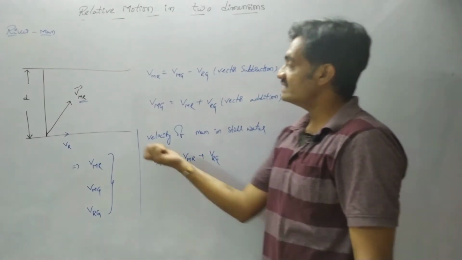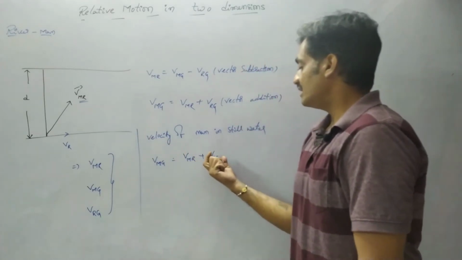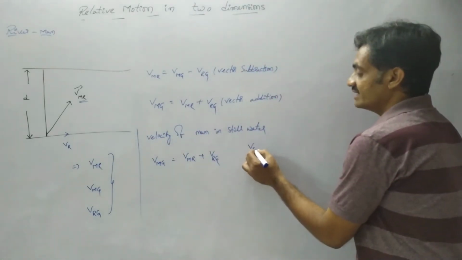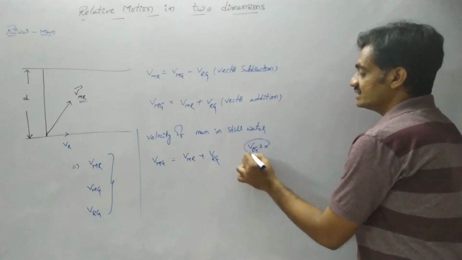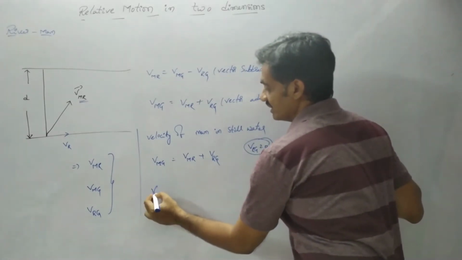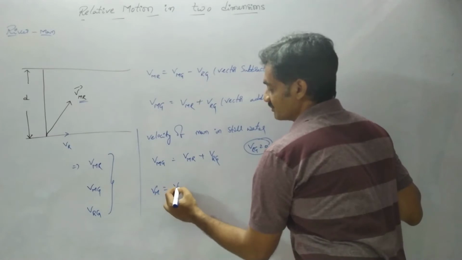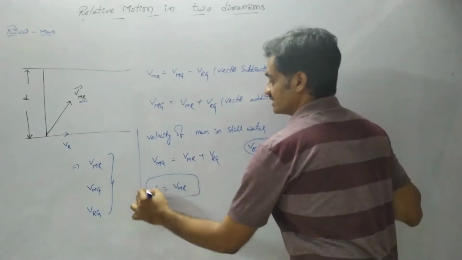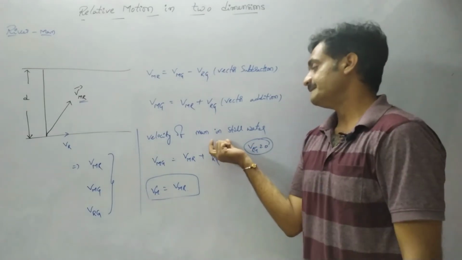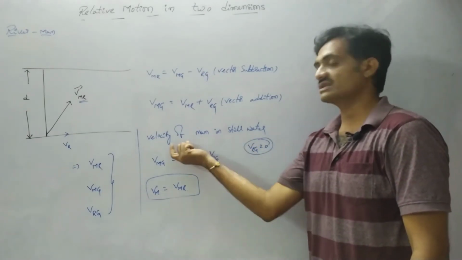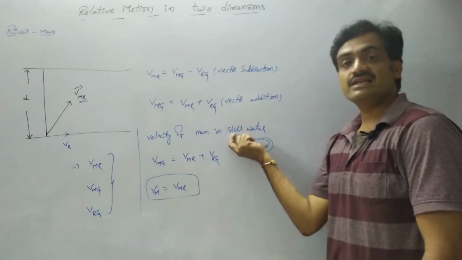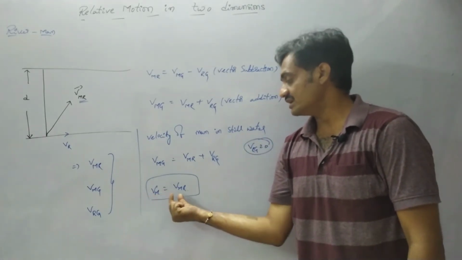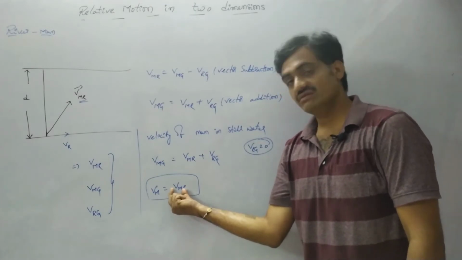Since the man is in still water, the velocity of the river with respect to ground is considered as 0. So as we consider this 0, the velocity of the man equals velocity of the man with respect to river. It is a very important case, because some problems ask based on this condition, velocity of the man in still water. Then we represent velocity of the man with respect to ground equals velocity of the man with respect to river.